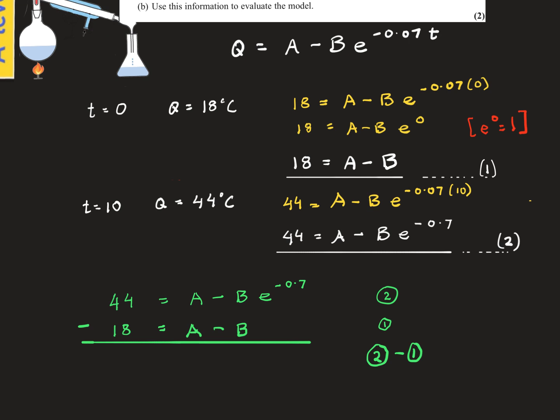So 44, let's start with 44, take away 18 is 26. And now A take away A will disappear, and I'll just write 0 over here. Then I have minus B e to the minus 0.7, take away B, which is plus B.